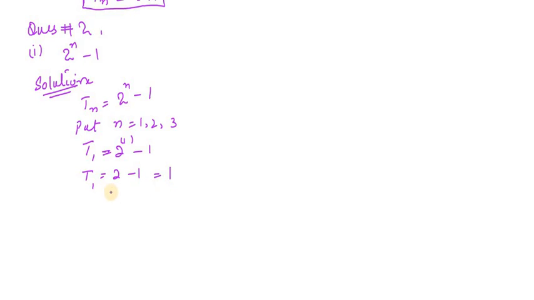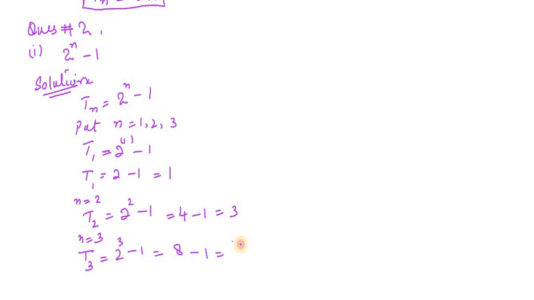And the second term is for n equals to 2, so T2 is equal to 2 to the power 2 minus 1, 4 minus 1 which is 3. And for the third term, n is equal to 3, so T3 is equal to 2 to the power 3 minus 1, 8 minus 1 which is 7.